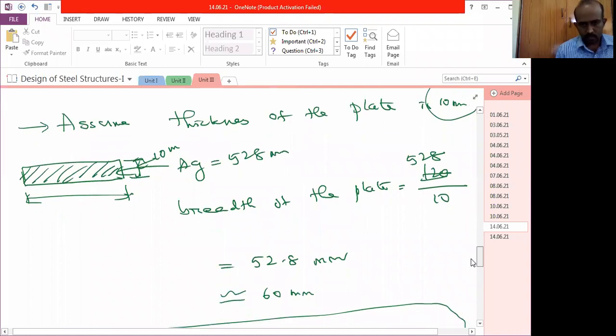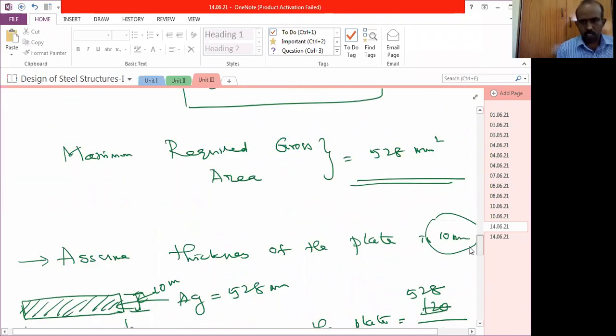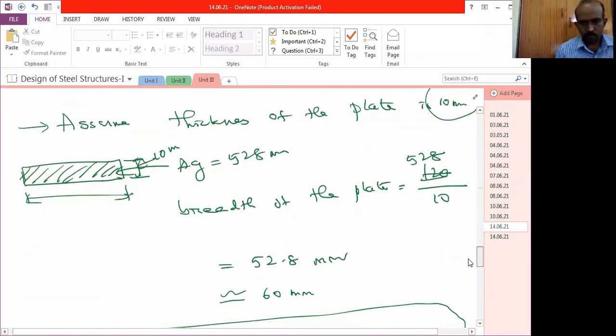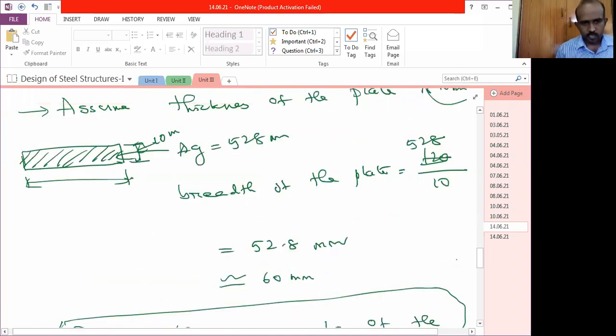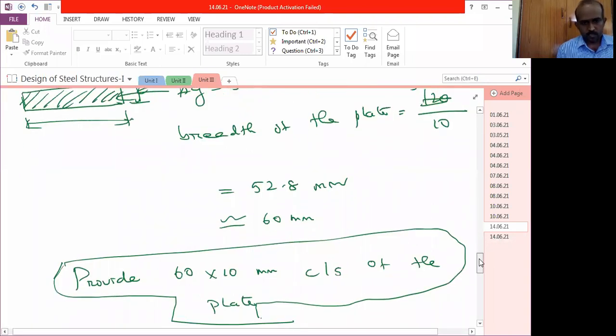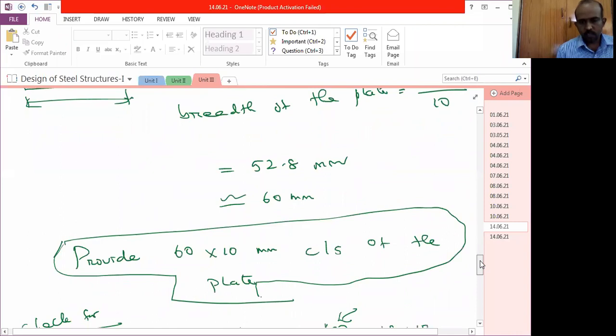So what is the maximum area? 528 mm squared. For that maximum area, we are assuming the thickness of the flat, the thickness of the plate. Based on the thickness of the plate, you can find out the breadth of the plate.